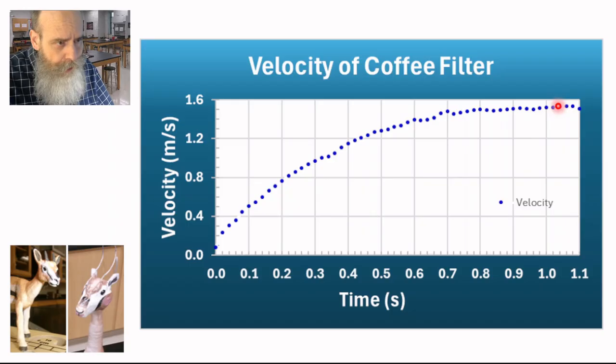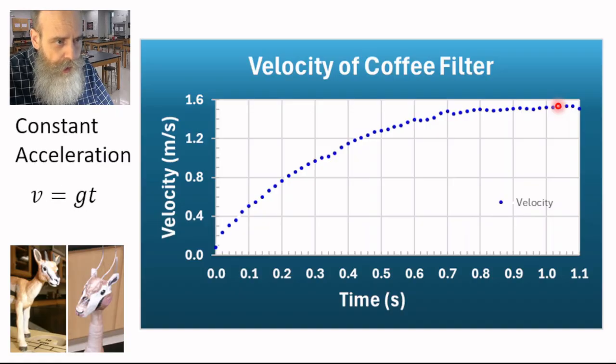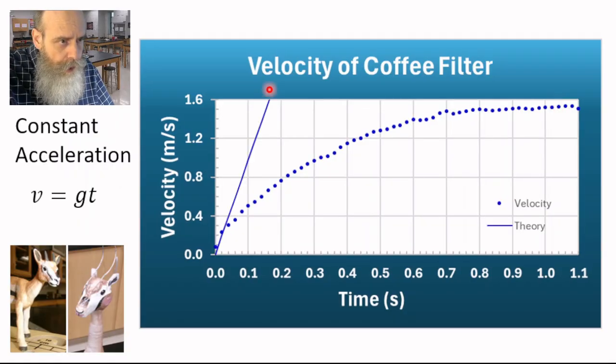If we applied the kinematic equations to this problem, and if we had constant acceleration, this is what we would get. V equals g t. Here's that plotted on these axes. The blue line is a graph of V equals g t.